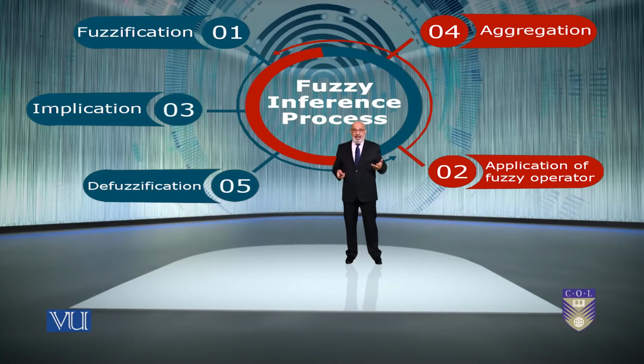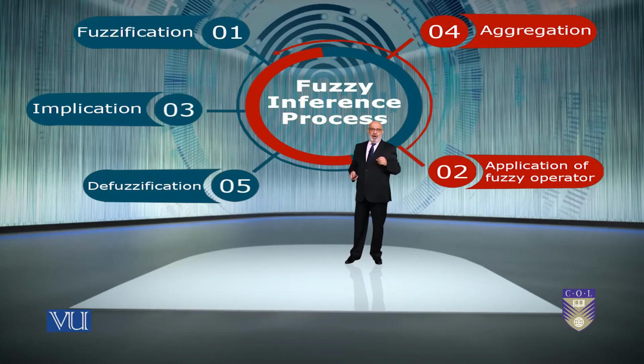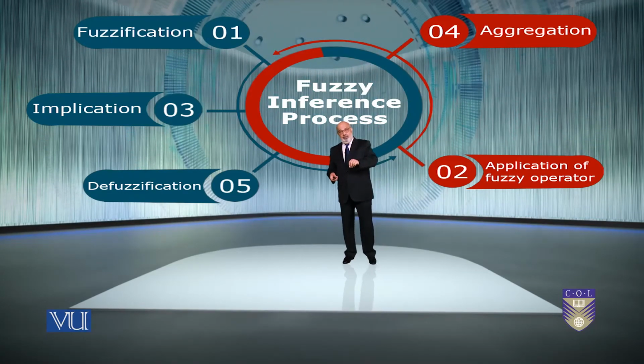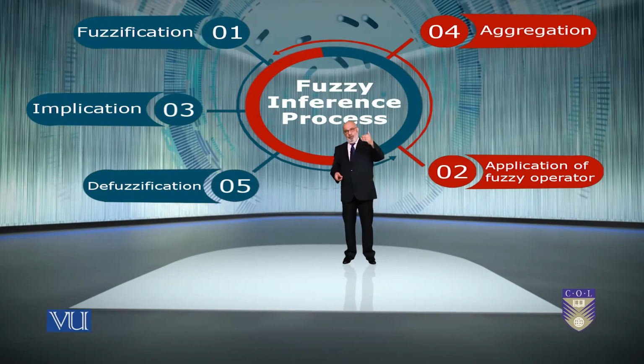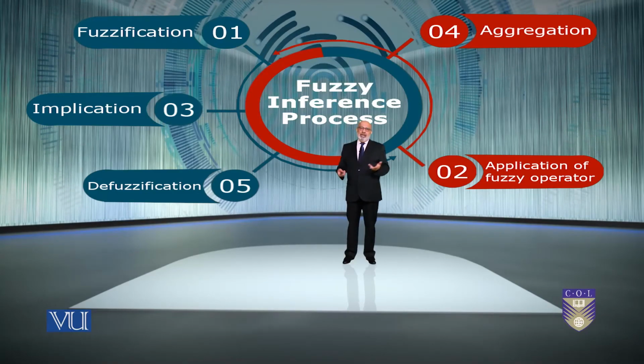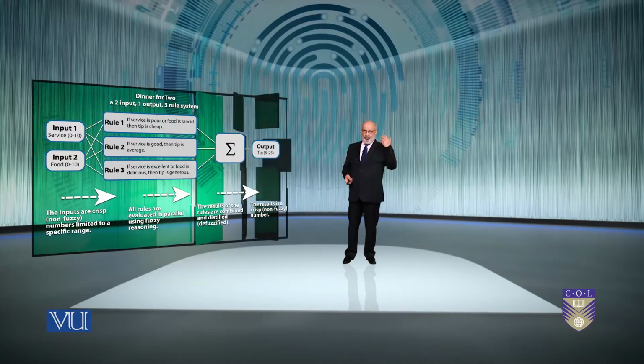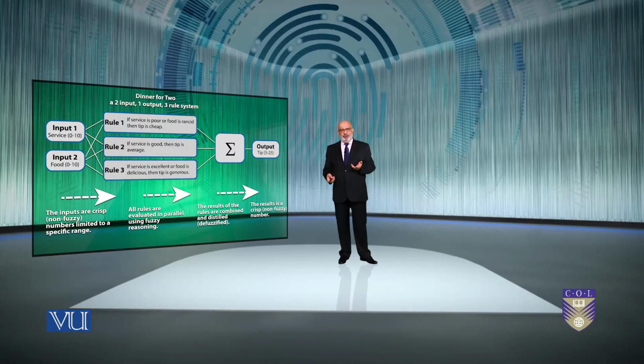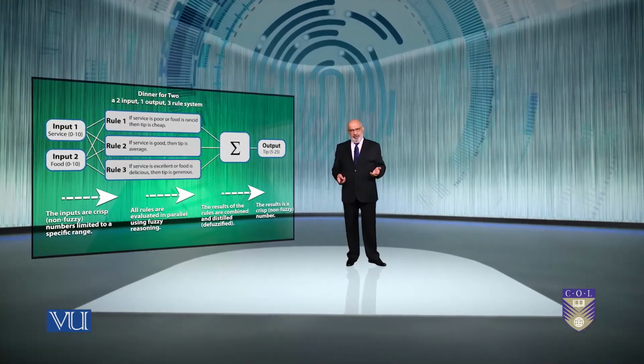Once you've got a fuzzy value out of this, you defuzzify the output. Once you have a defuzzified output, that's what you're looking for. In the case that we will discuss, we'll start with the quality of food and the service, 2 inputs. Rules will be applied, the 3 of them.